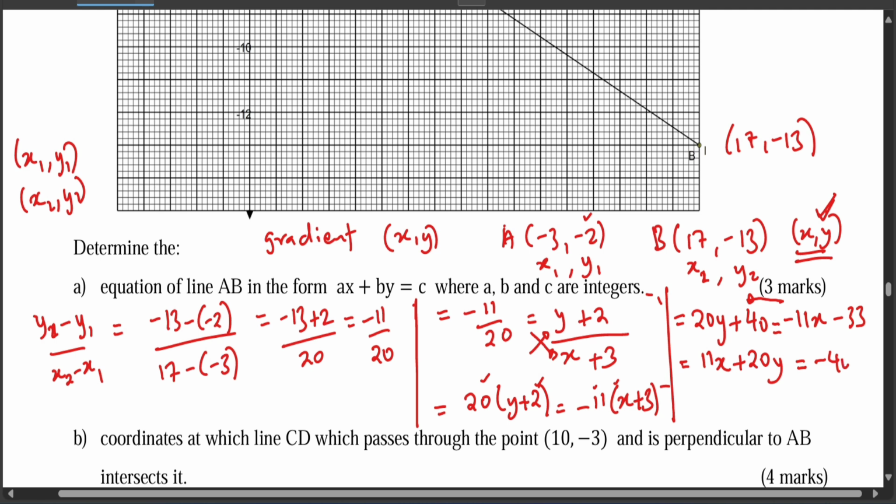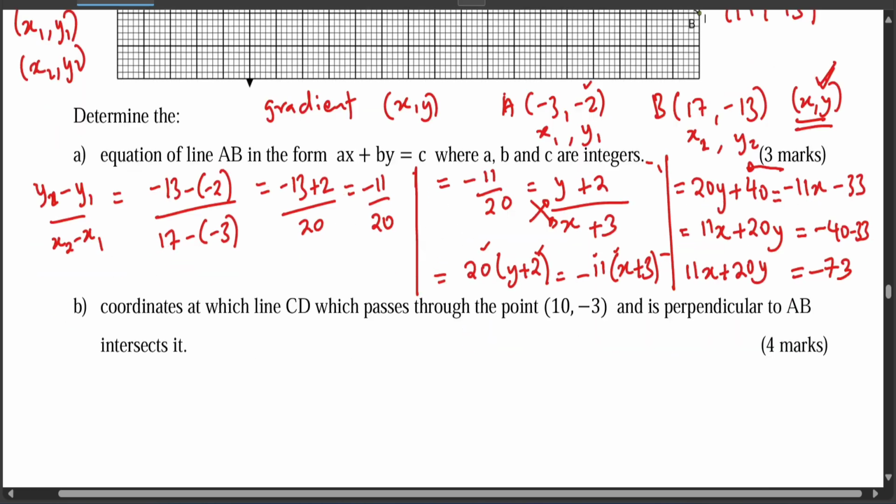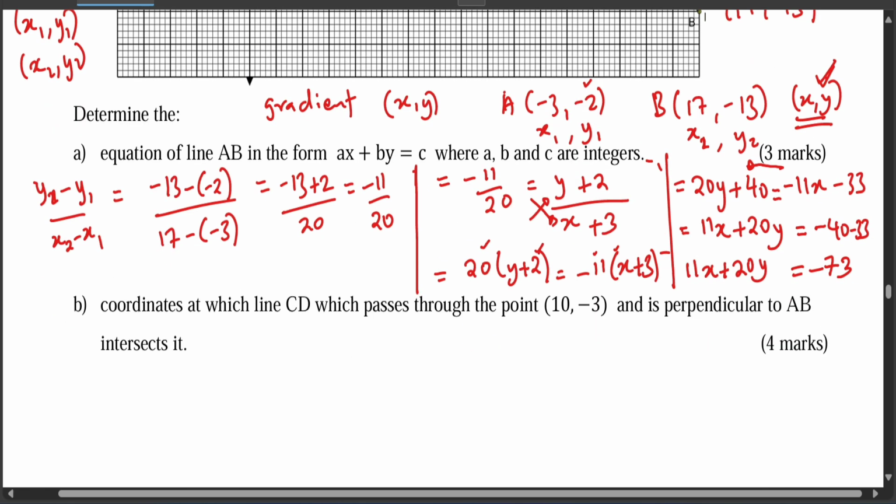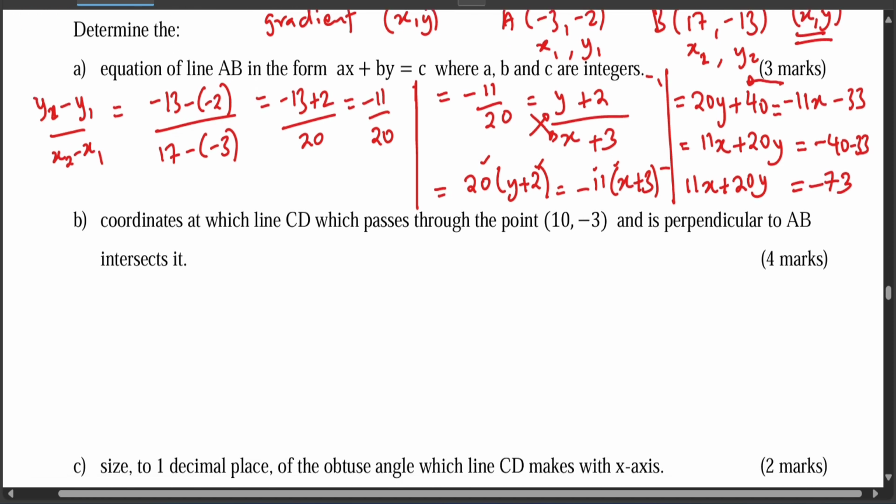So negative 40 negative 33 itakuwa negative 73. Your answer therefore becomes 11x plus 20y equals -73. So 3 marks tayari ushapata. So tumesema 11x inaenda on the left side, therefore becoming positive 11x. Negative ilikuwa negative 11x, ukipeleka the other side, ukirusha on the other side of the equation inakuwa positive 11x.